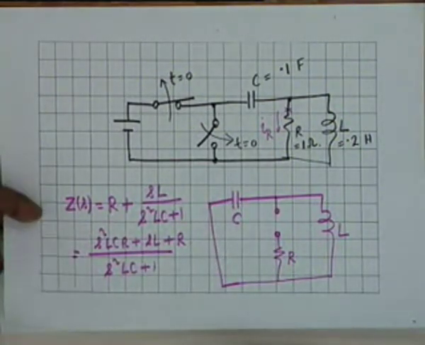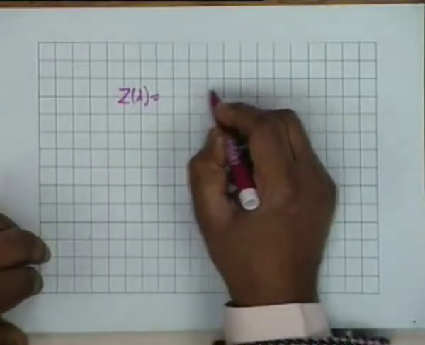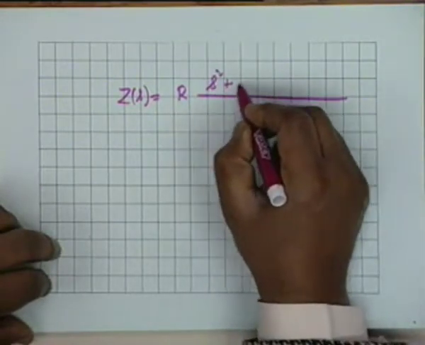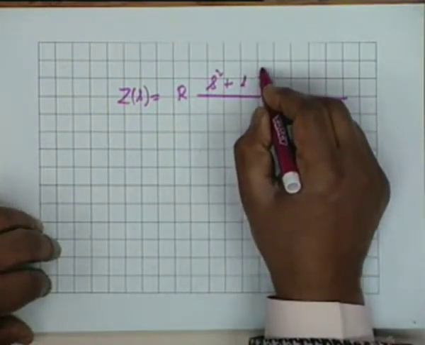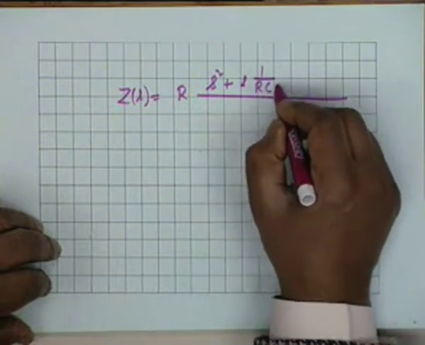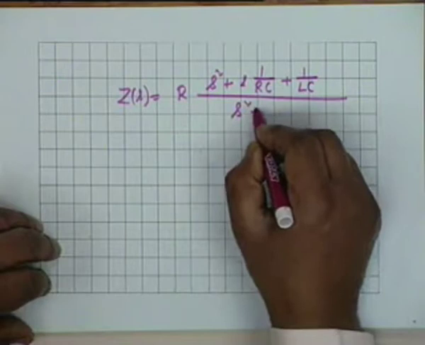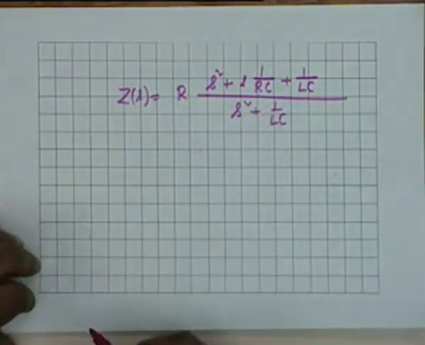I write it in the normalized form as Z of S equals R times (S squared plus S times 1 over RC plus 1 over LC) divided by (S squared plus 1 over LC). This is Z of S.